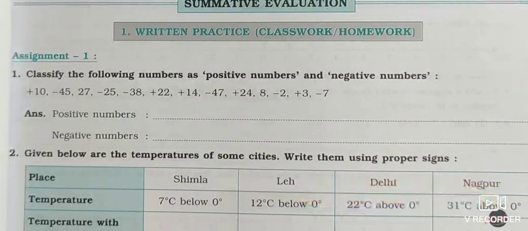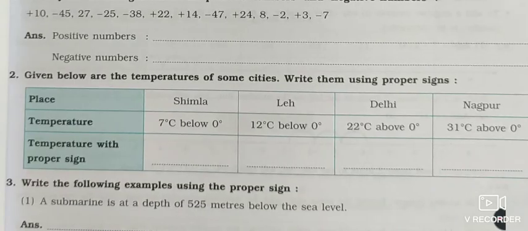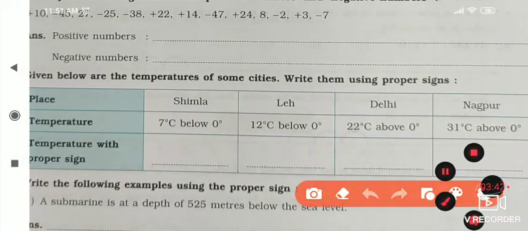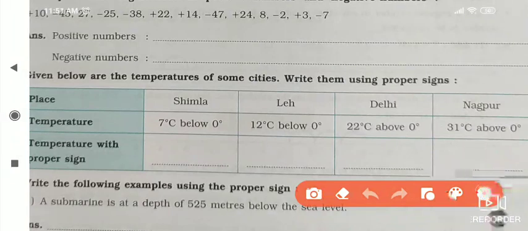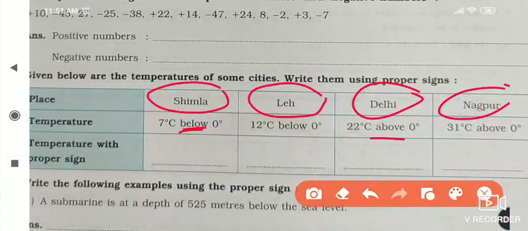Next is the question we saw in our textbook. Given below are the temperatures; write them using proper signs. I told you that if below is written, then you have to give the negative sign, and if above is written, then we give the positive sign. Here the temperatures of some places are given: Shimla, Leh, Delhi and Nagpur.